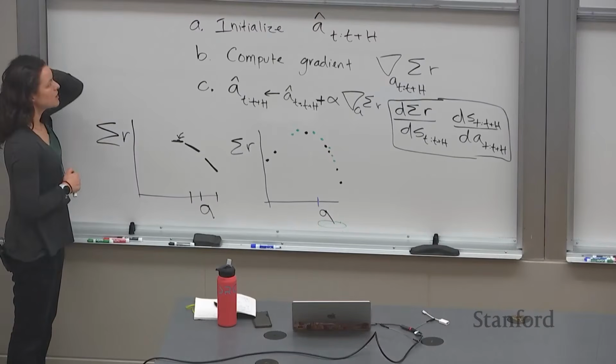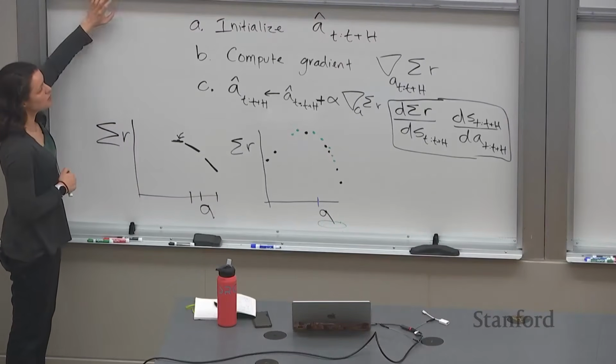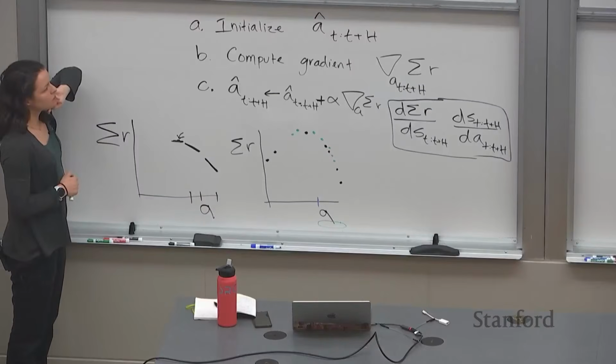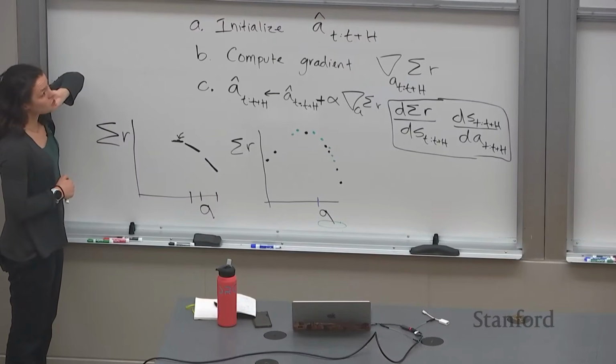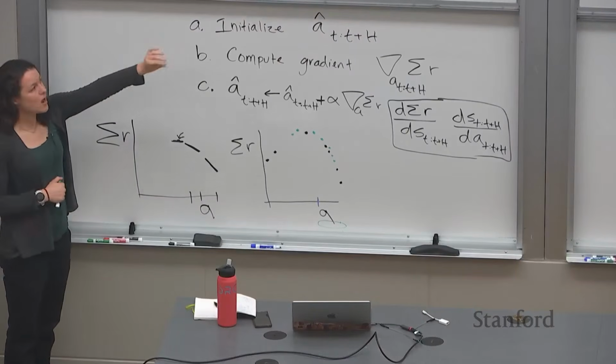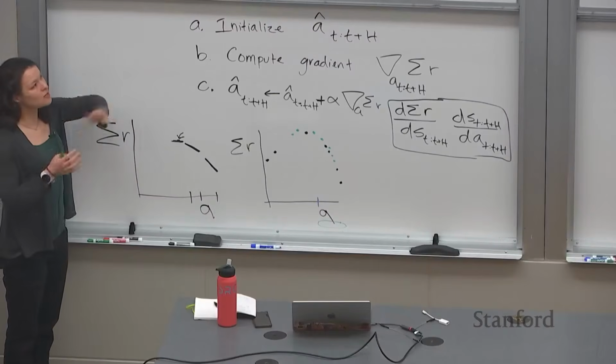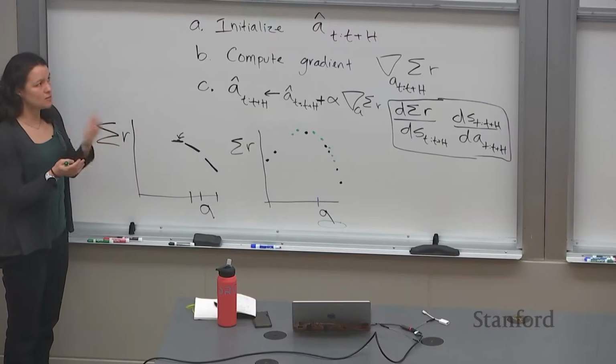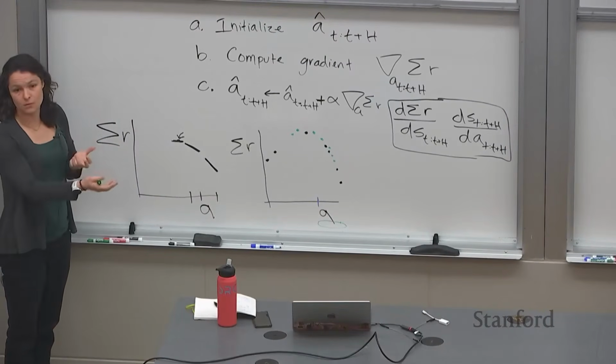So the question is, can we talk a little bit about how this policy is stored? The only thing that we have learned at this point is a dynamics model and potentially a reward function. And so the only thing that we have stored is the parameters of the model and the parameters of your reward model.